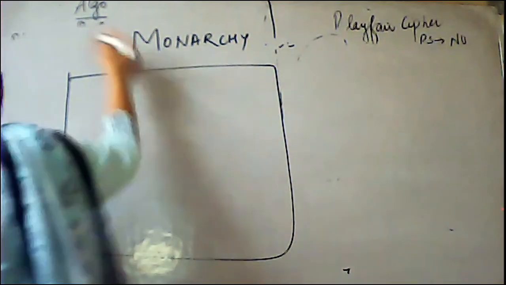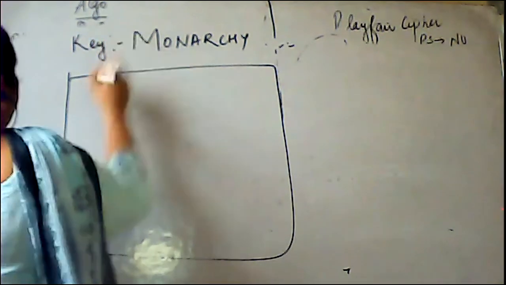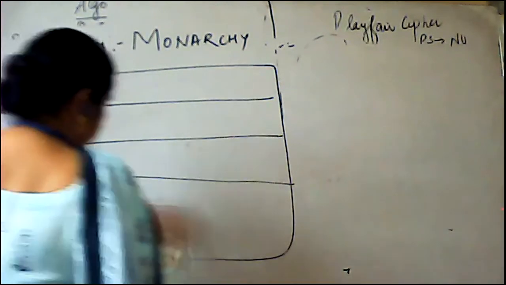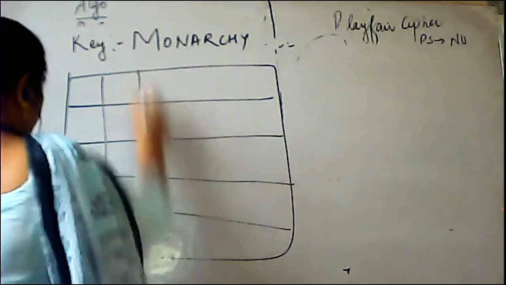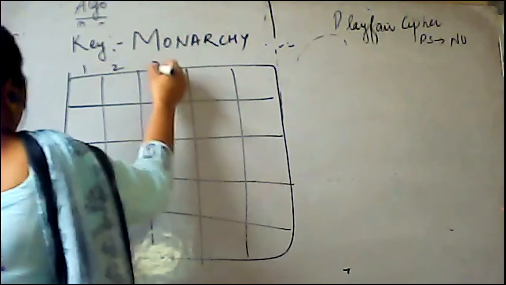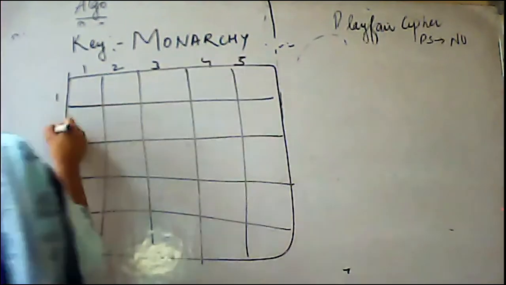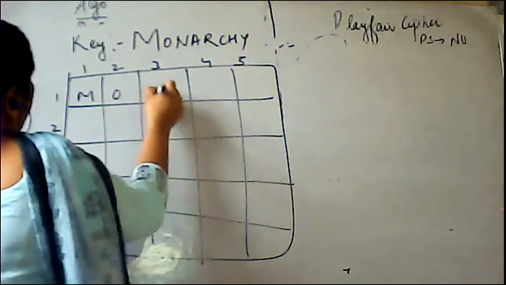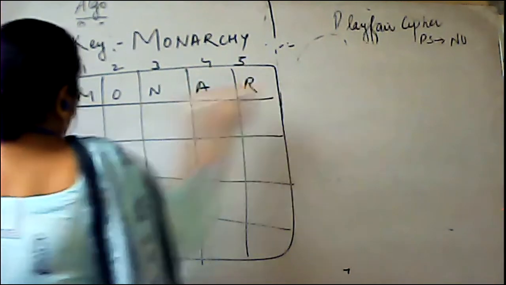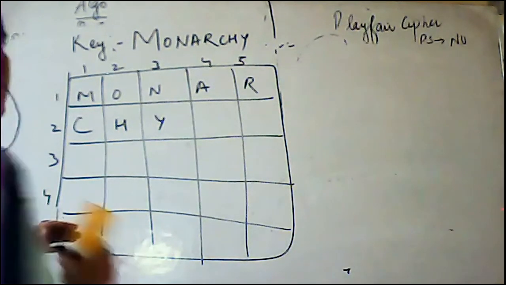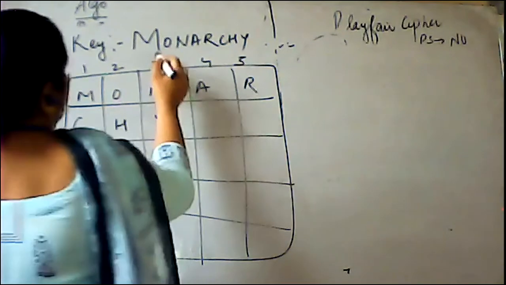So make a matrix of 5 by 5 for this key. Now all the alphabets are different.